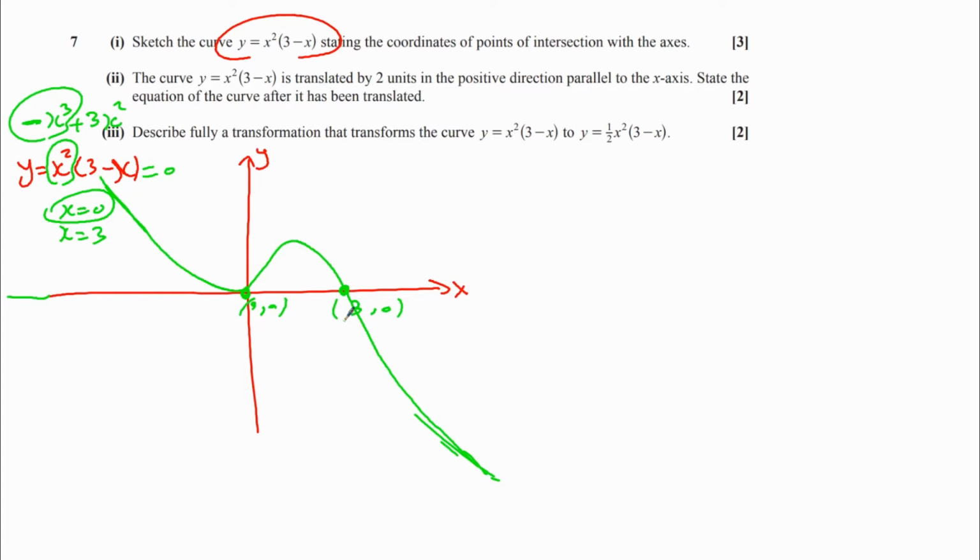So if I have y equals x cubed minus 3x squared, basically, if I put x equals 0, because when we talk about intersection with y, those are the points where x is equal to 0.